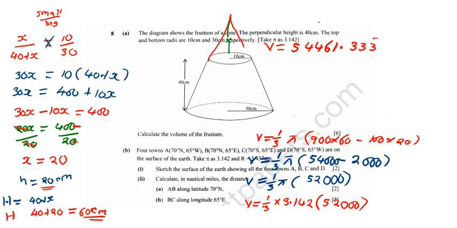So the 3 will just keep on going. So finally, our volume is equal to 54461.33, which is in centimeter cubed. So that's our volume. So for part 8a, we are done.